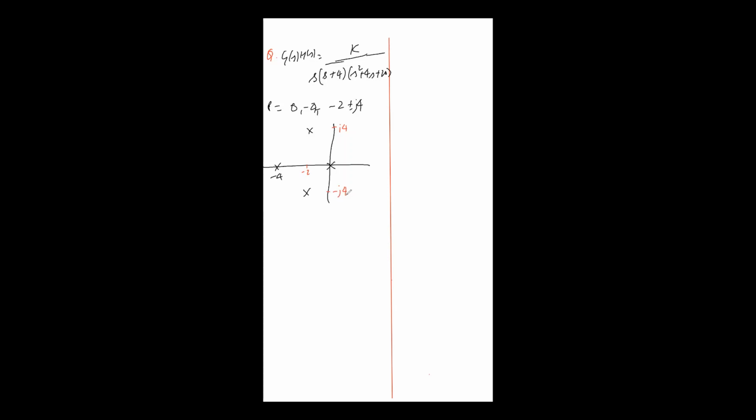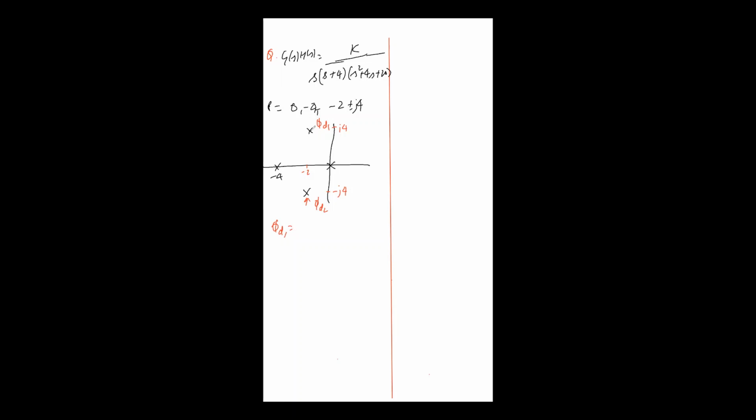So what we had left over at that point was calculating the angle of departure. Let us suppose the angle of departure for this pole is phi d1 and for this pole is phi d2. You need to calculate only phi d1, and phi d2 will be the opposite of phi d1, because of the rule that root locus is symmetrical about the real axis.